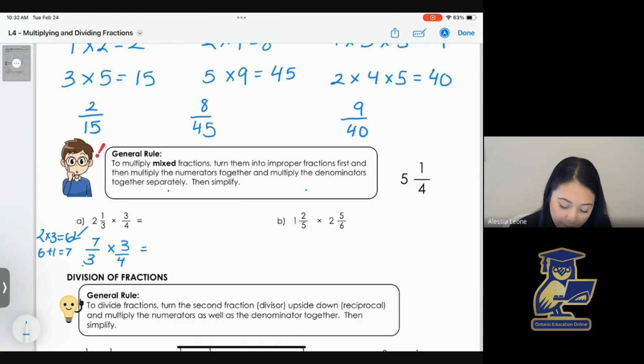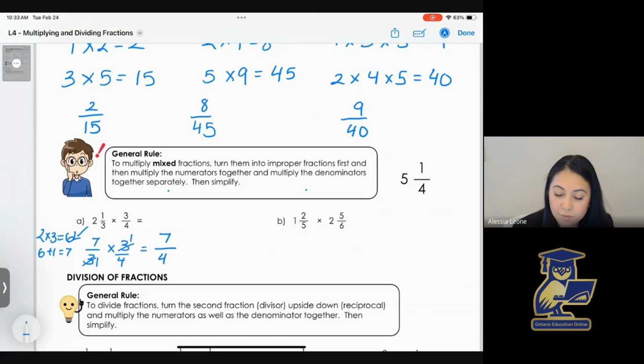If I cancel these out, this becomes a 1, and this becomes a 1. So then my multiplication becomes easier. 7 times 1 is 7. 1 times 4 is 4.